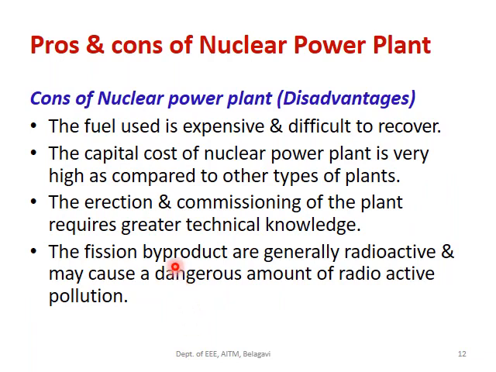Now let us see the demerits of nuclear power plants. The fuel we use is very expensive and very difficult to recover. As we know, the operating cost of the nuclear power plant is less, but the capital or manufacturing cost of the nuclear power plant is very high compared to other types of plants.